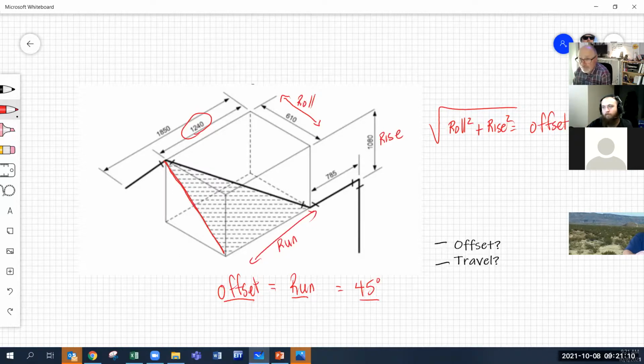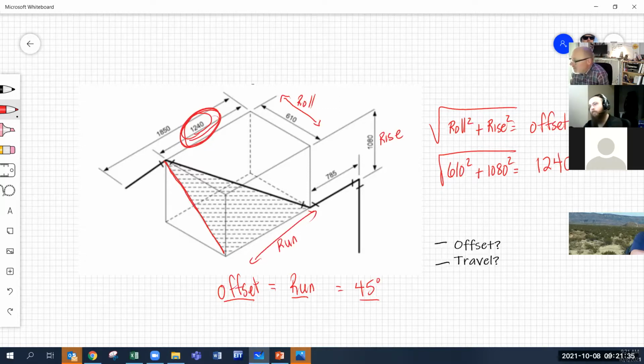Let's do some math. 610 squared plus 1080 squared, square root. Well, look at that. 1240. That is the same as our run. So that means we're using 45-degree fittings on this rolling offset.